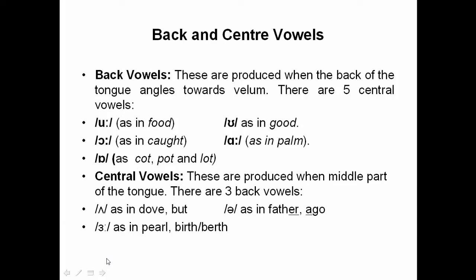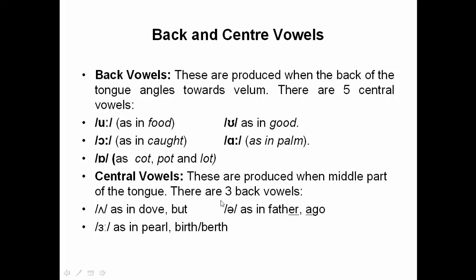Okay, what do we have in the back? There are 5 back vowels. Oo. Now you can easily see and notice in your mouth that the back part of the tongue raises, for O or O or A. So in all these sounds the back part of the tongue moves towards the soft palate.